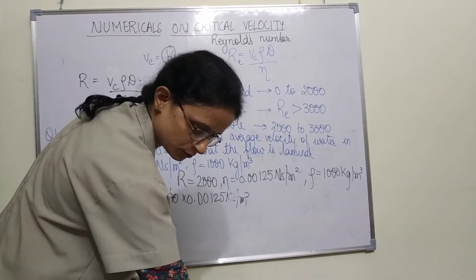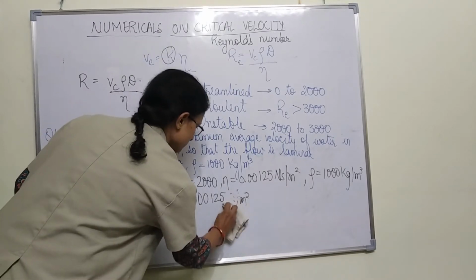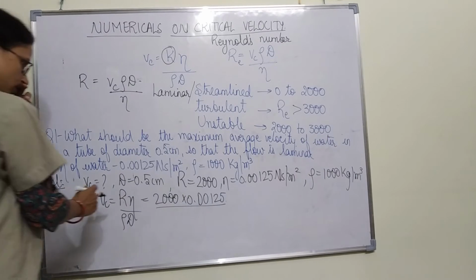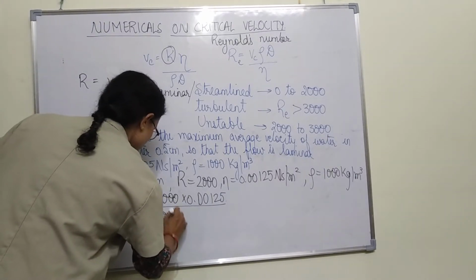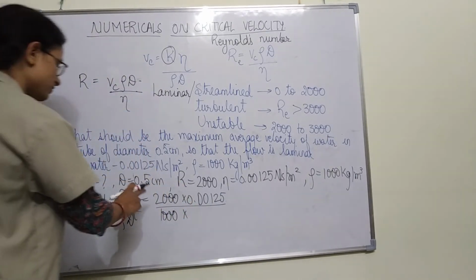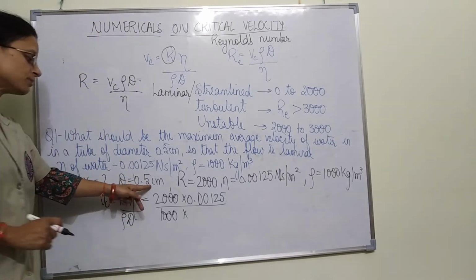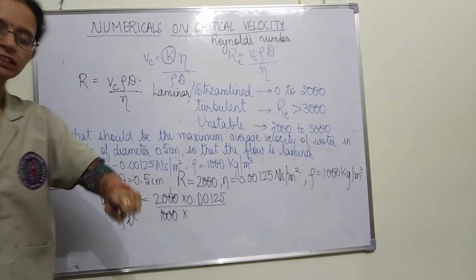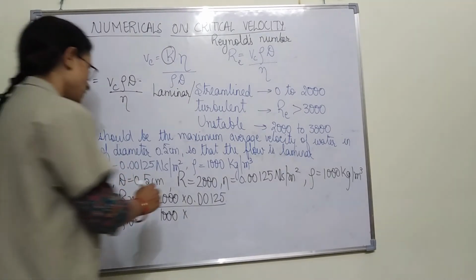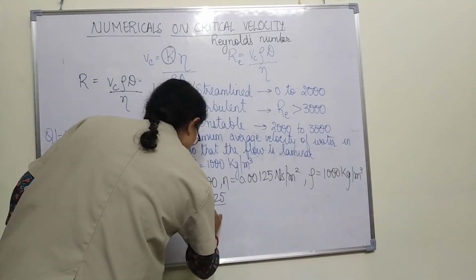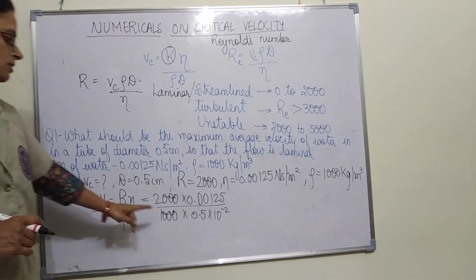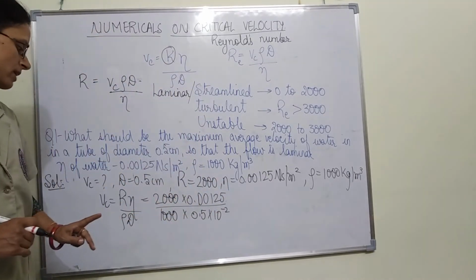Then, upon 1000 into the diameter, which is 0.5 centimeter. It is given in centimeter while all other values are in meters, so we write this also in meters: 0.5 into 10 raised to power minus 2.